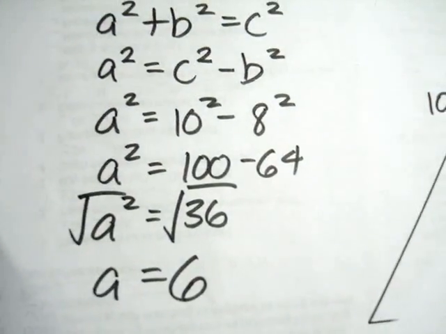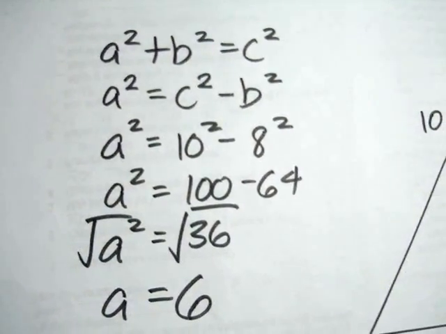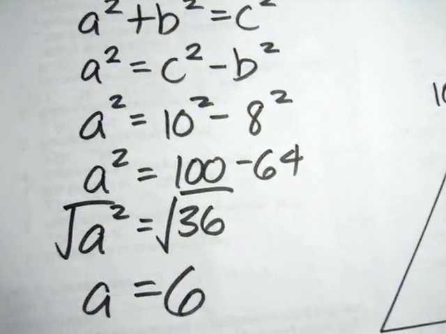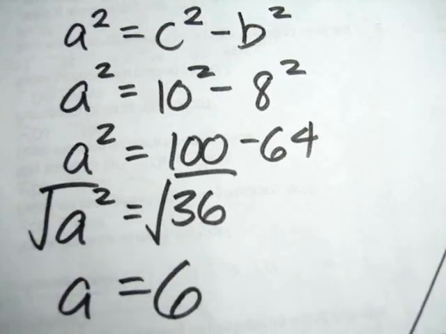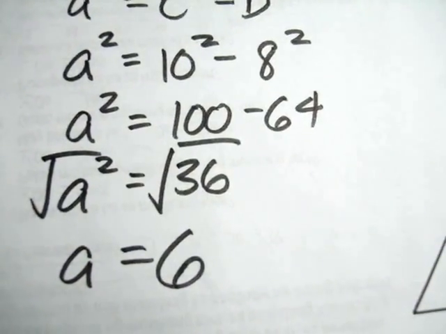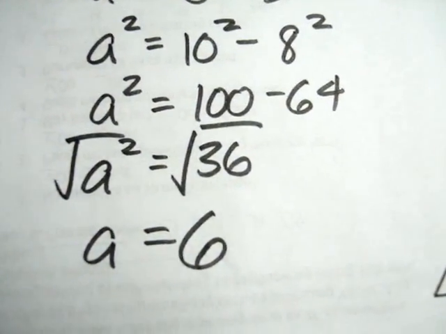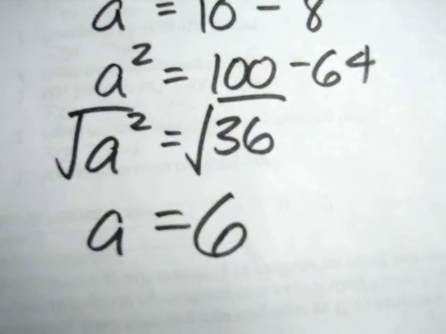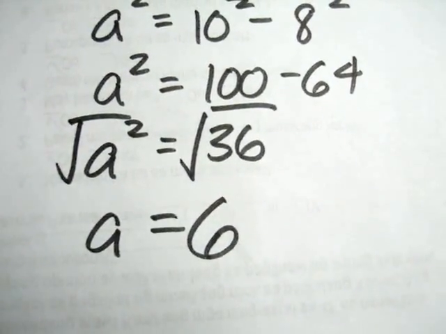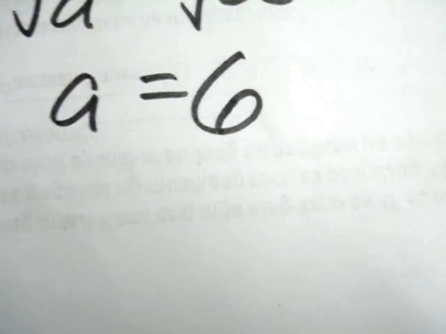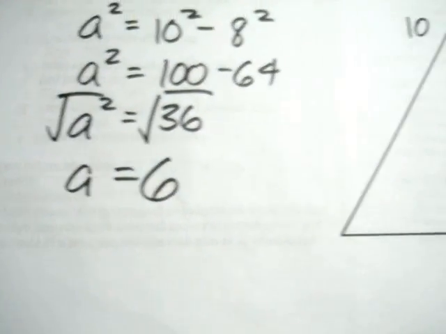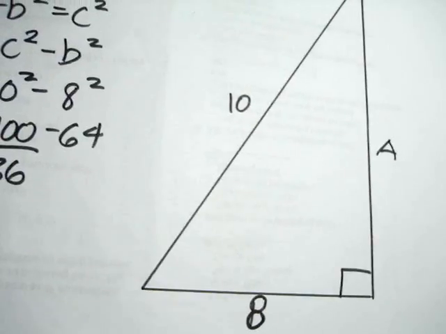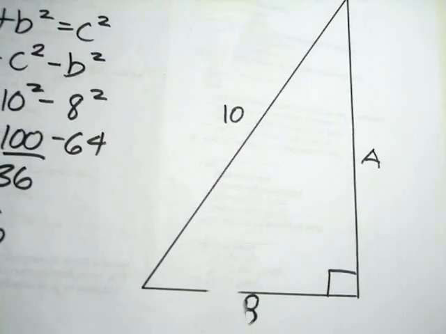You subtract c squared minus b squared, so that now 10 squared minus 8 squared equals 100 minus 64. When you get a squared equals 36, get the square root, and then you get a equals 6, which will fit perfectly in the right triangle.